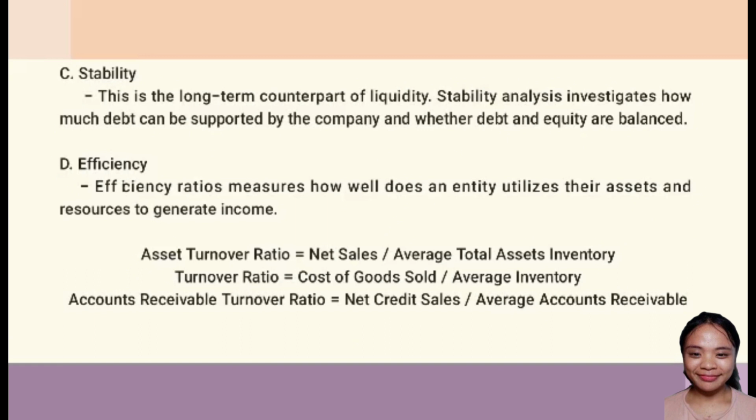Efficiency. Efficiency ratios measure how well an entity utilizes its assets and resources to generate income. First, let's talk about the asset turnover ratio. This is like looking at how many loaves of bread you're selling compared to the ovens, mixer, and other equipment you have in your bakery.